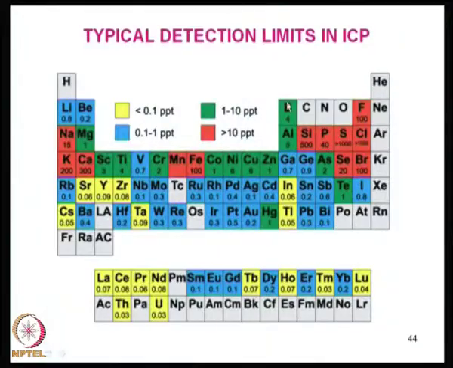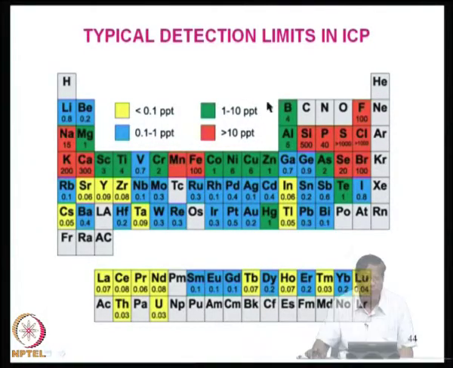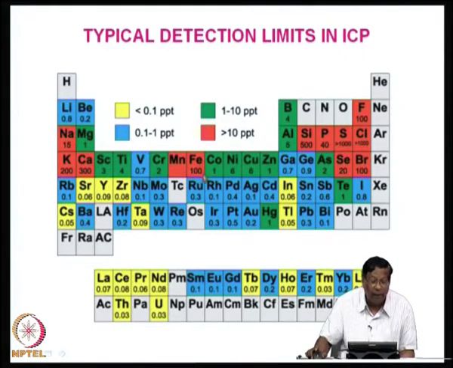So, I want to show you typical detection limits in ICP also. This is the periodic table, and here there are red marked manganese, iron, silicon, phosphorus, sulfur, chlorine, selenium, bromine, fluoride, and on the left side we have sodium, potassium and calcium.